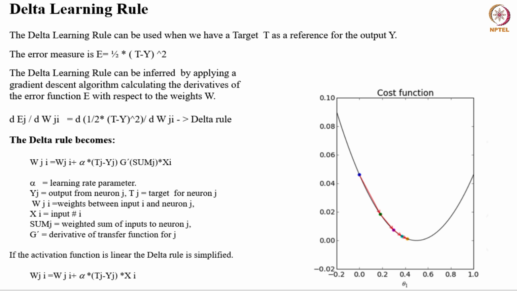As you can see, the number 2 in the denominator of the error measure is convenient, because when we make this derivation, the derivative of the square and the two cancel each other, and we get a simpler formula. So the delta rule becomes as follows.